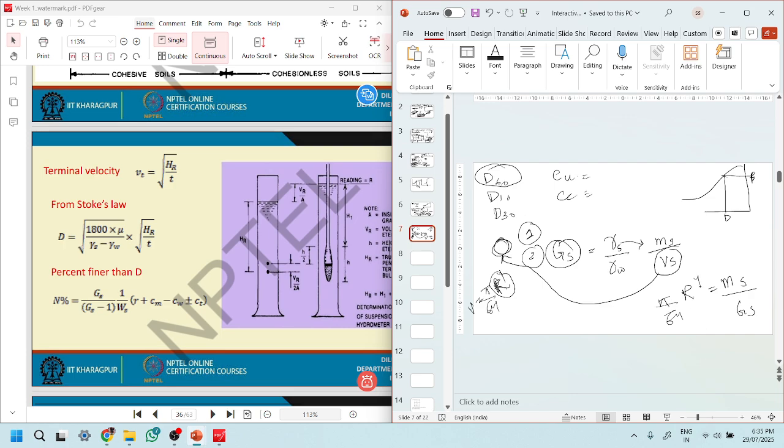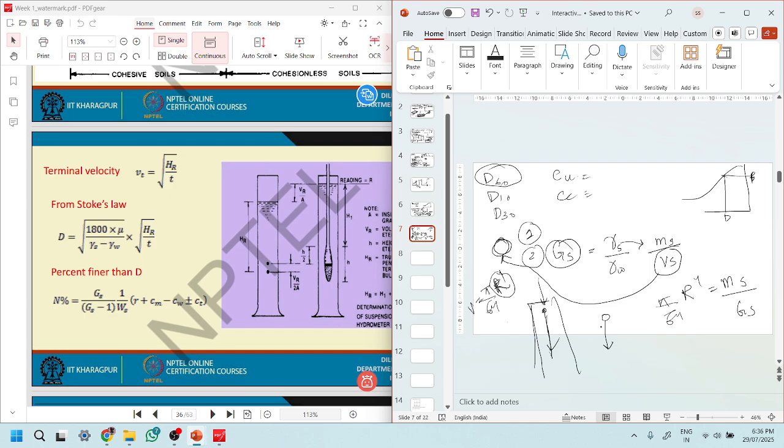Then we say that when settling down, this particle will achieve a terminal velocity when it is flowing through the hydrometer. All particles after some time, based on their mass, will achieve terminal velocity.